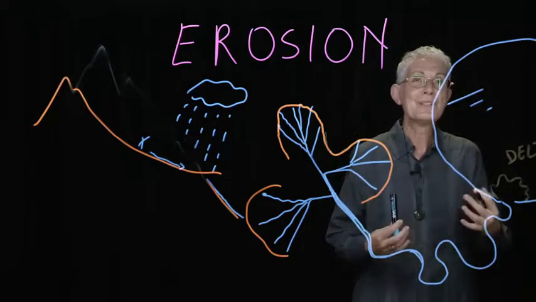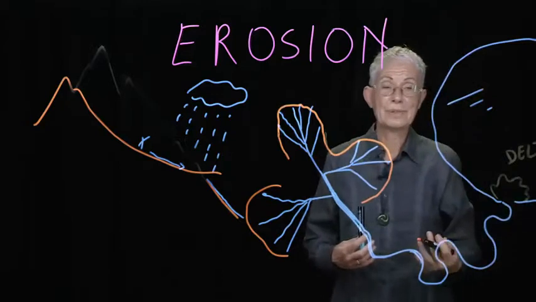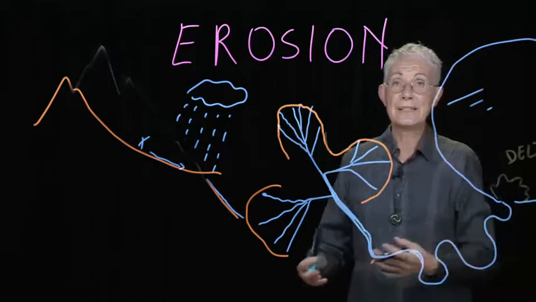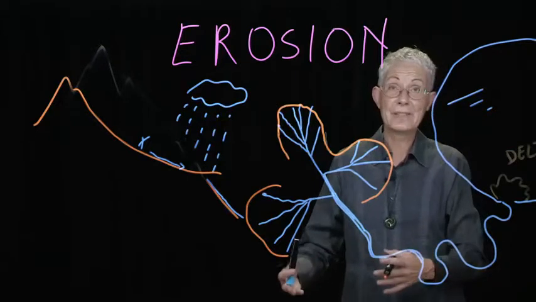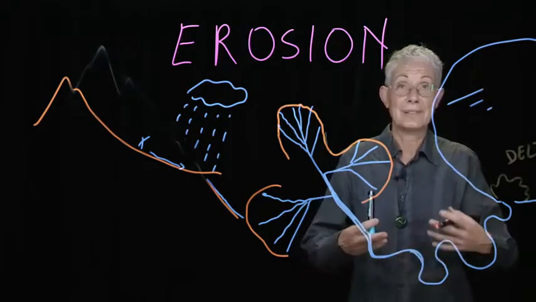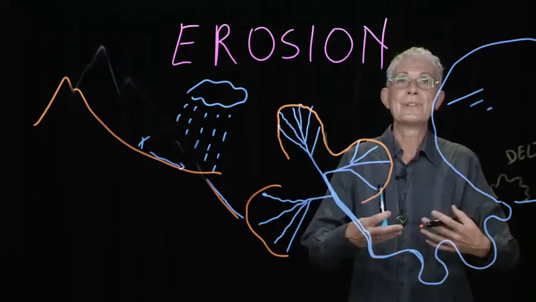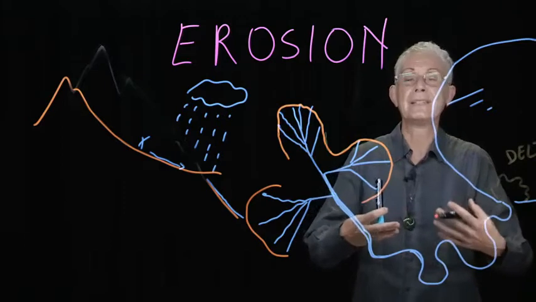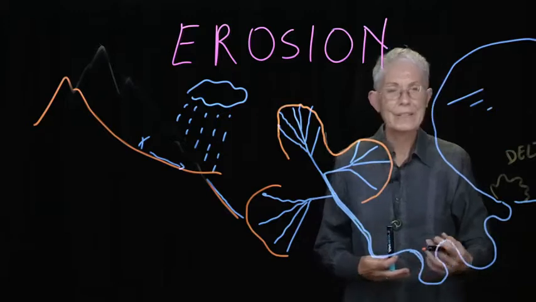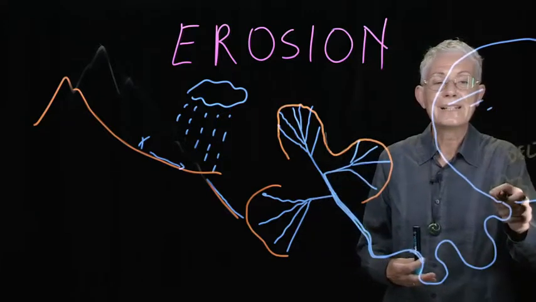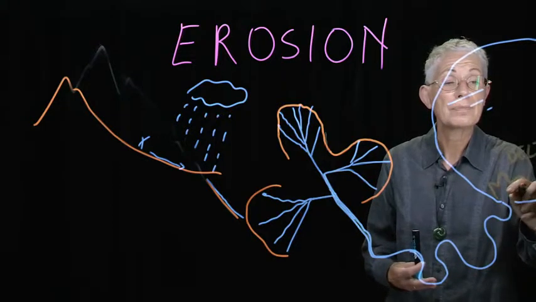So we know that a delta can be formed when a river enters a lake or a still body of water like a lake or the sea, and the river is carrying a lot of material, so the river will build into the lake or the sea. It's called progradation.